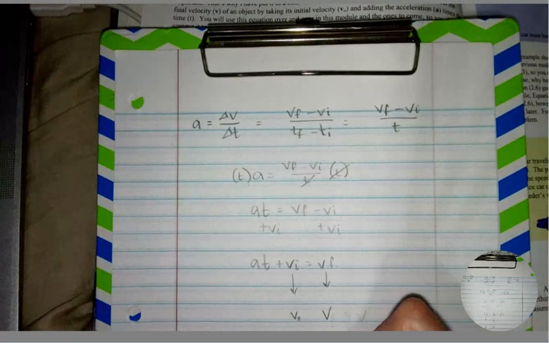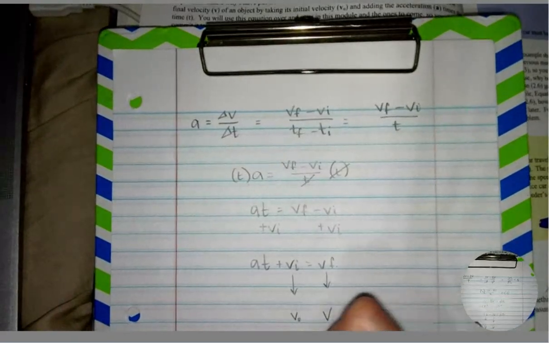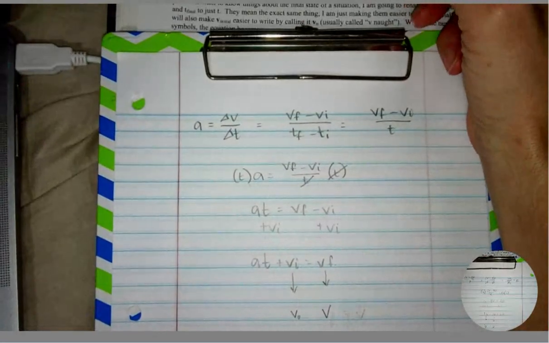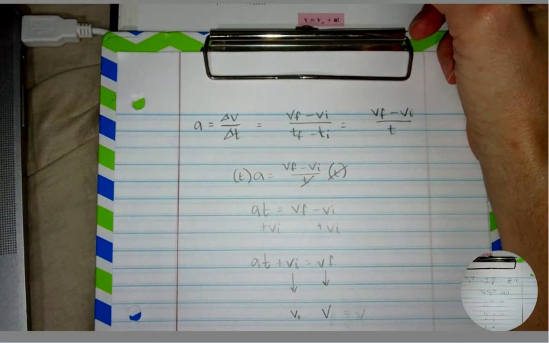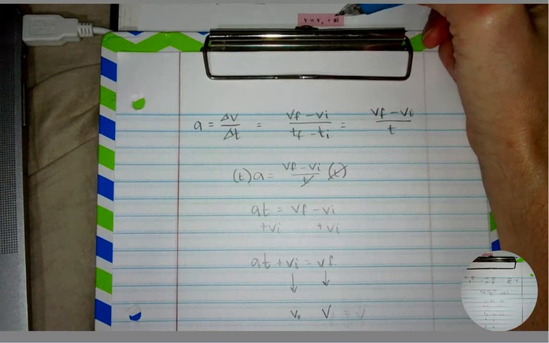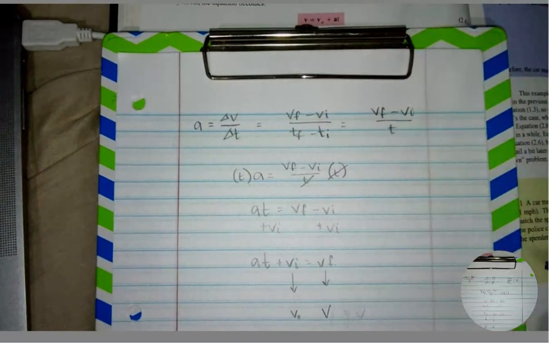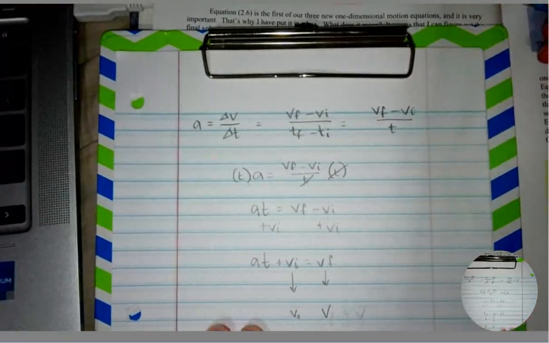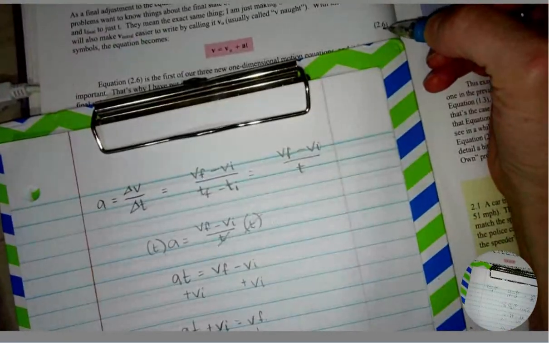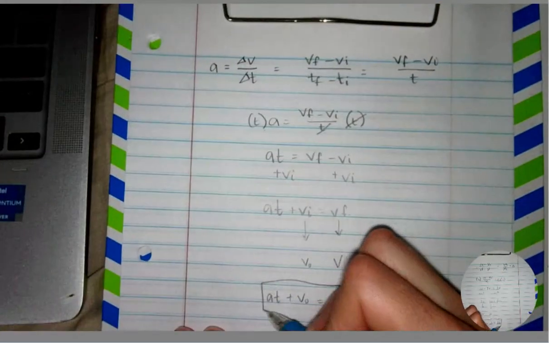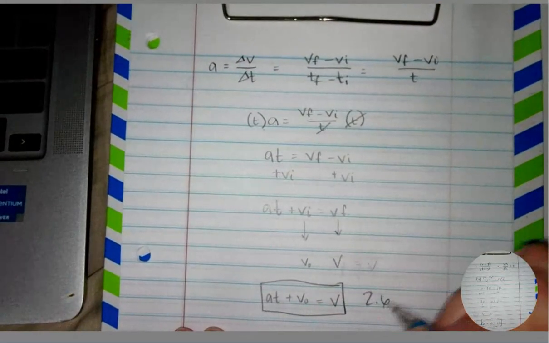So v equals v naught plus at, and lo and behold, that's exactly what this equation states here. V final is equal to v naught plus at. So you've just derived your first equation. It's in pink. Your book commonly refers to this as equation 2.6. So we have just derived equation 2.6. Okay?